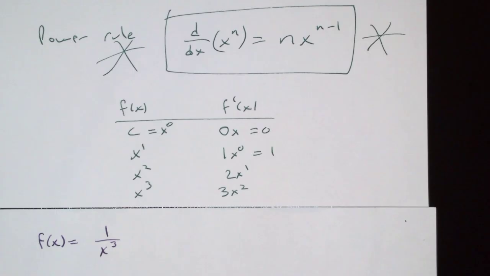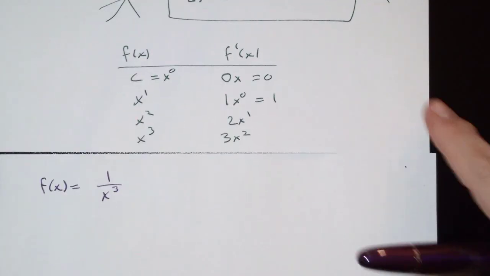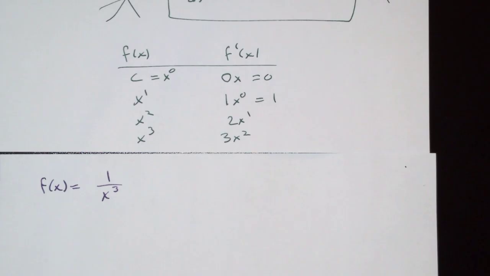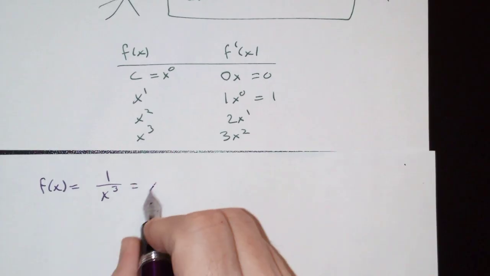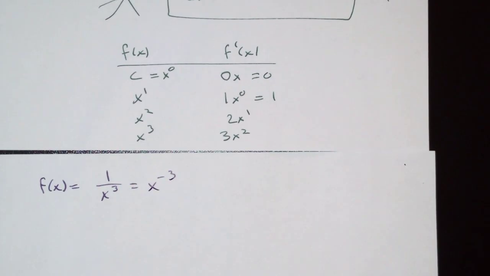What I have written is not written that way. But it can be, algebraically. How can I rewrite this to make it x to the something? Now I can apply my power law.